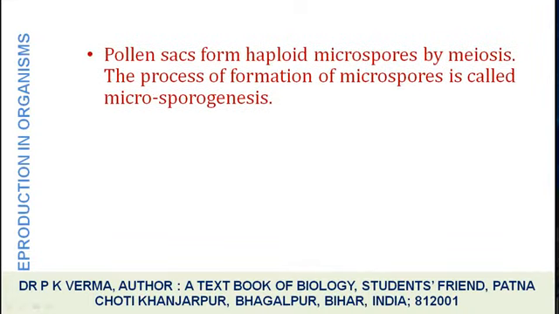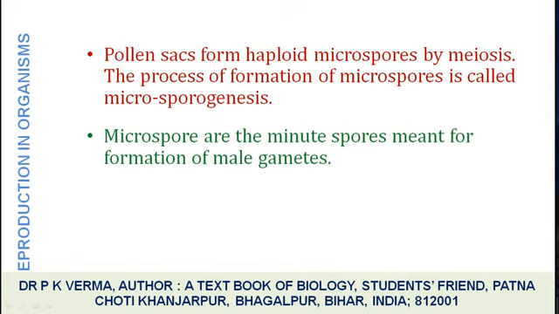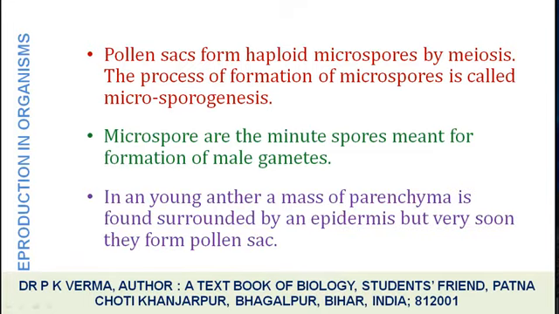Now pollen sacs form haploid microspores by meiosis, and the process of formation of microspores is called microsporogenesis. The microspores are the minute spores meant for formation of male gametes.